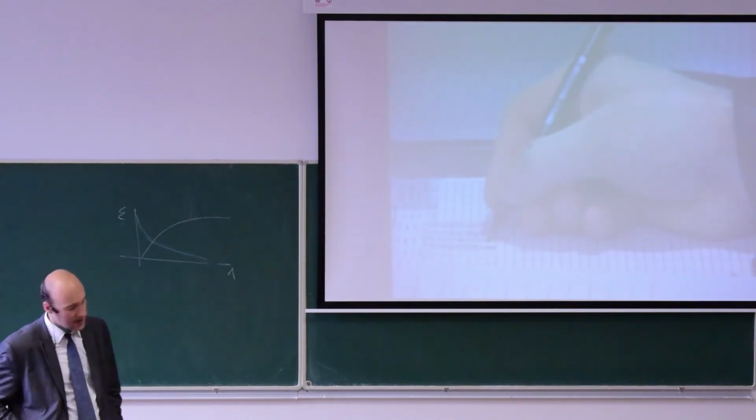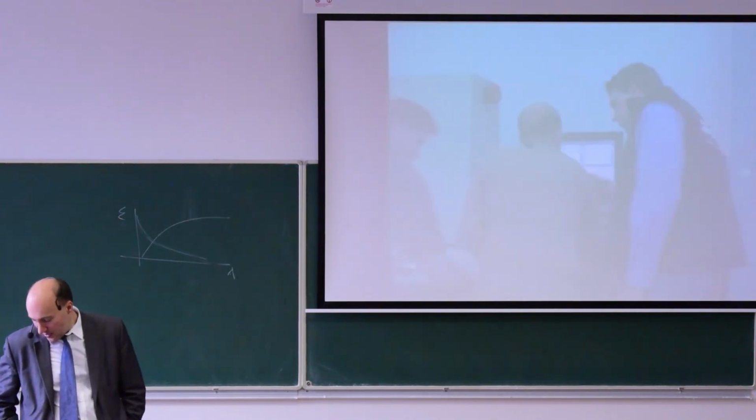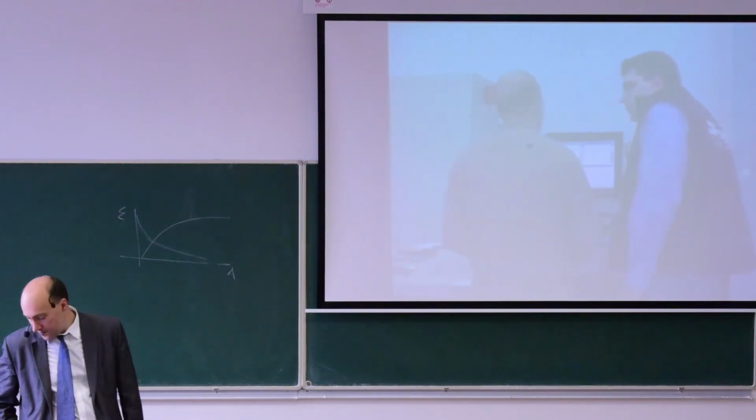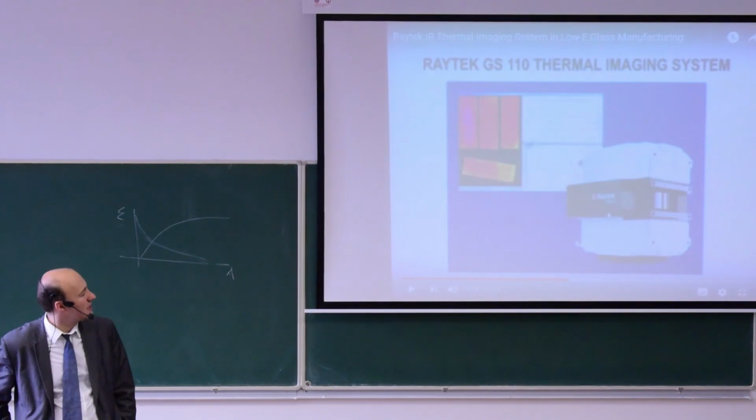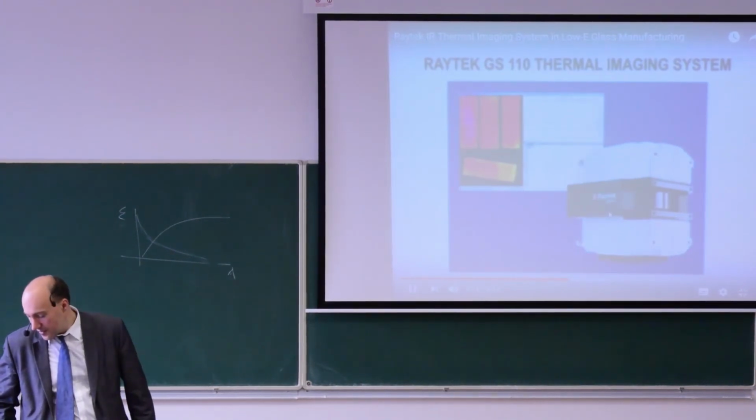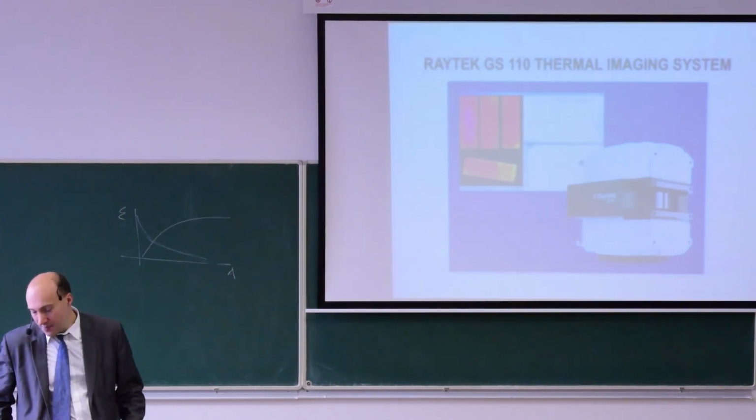So what you will see in a few seconds is the line scanner that is reading the glass temperature. It looks like this, and the output of the scanner is a temperature profile.